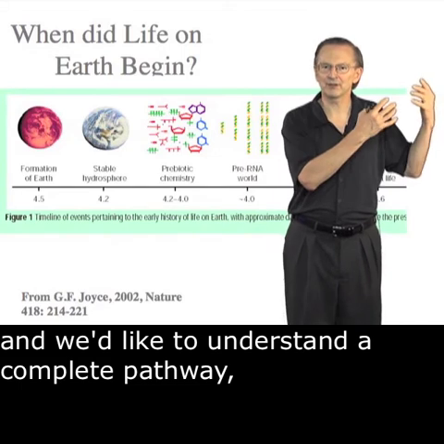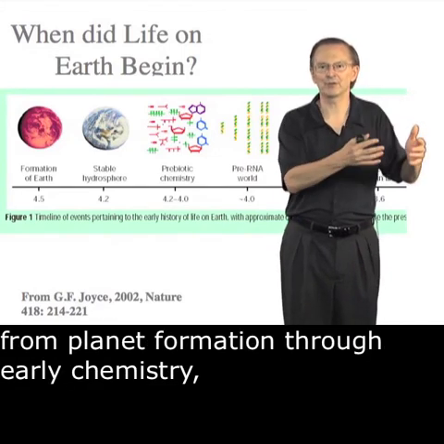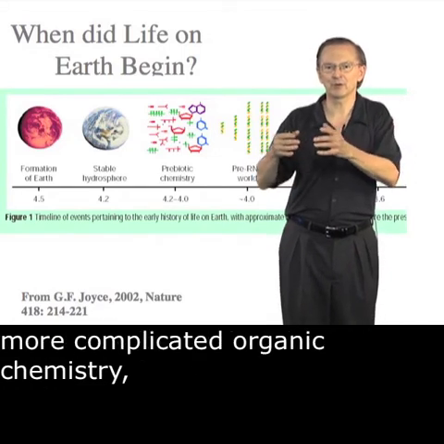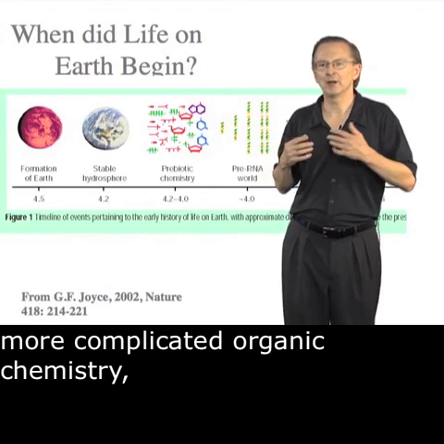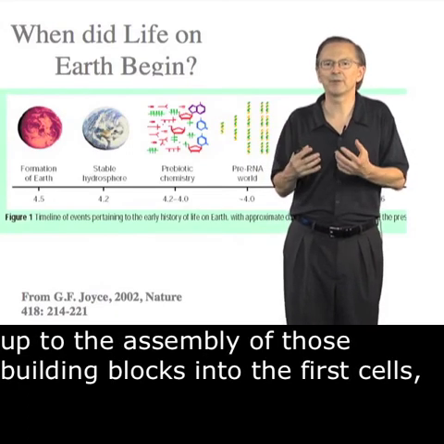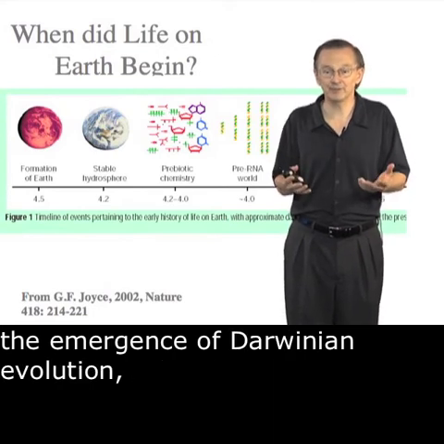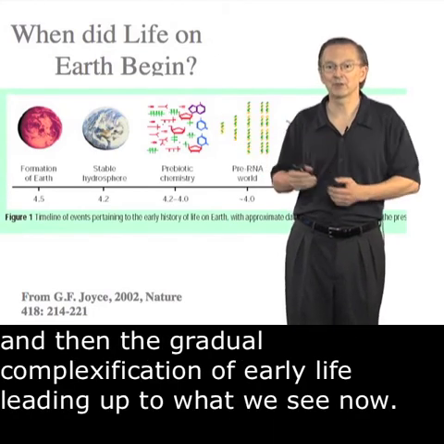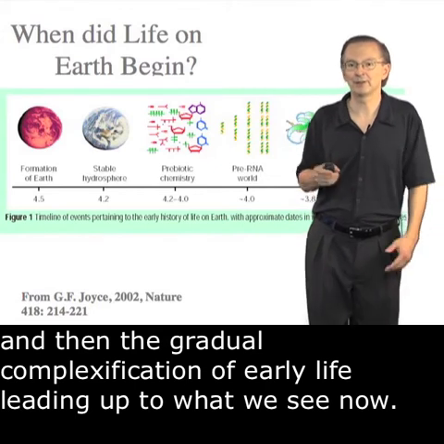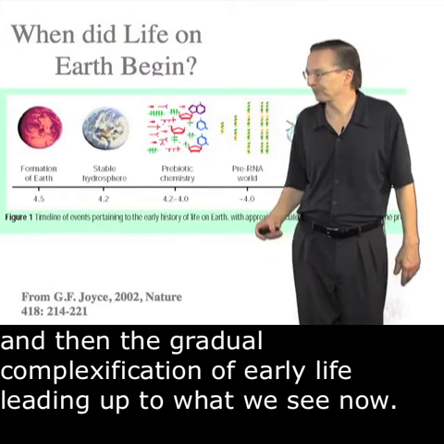And we'd like to understand a complete pathway from planet formation through early chemistry, more complicated organic chemistry, up to the assembly of those building blocks into the first cells, the emergence of Darwinian evolution, and then the gradual complexification of early life leading up to what we see now.